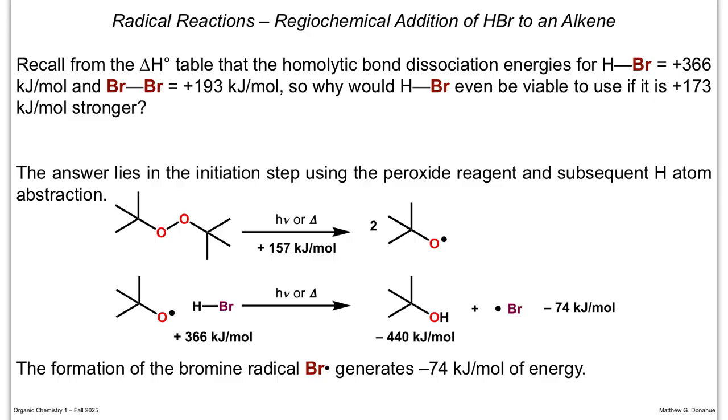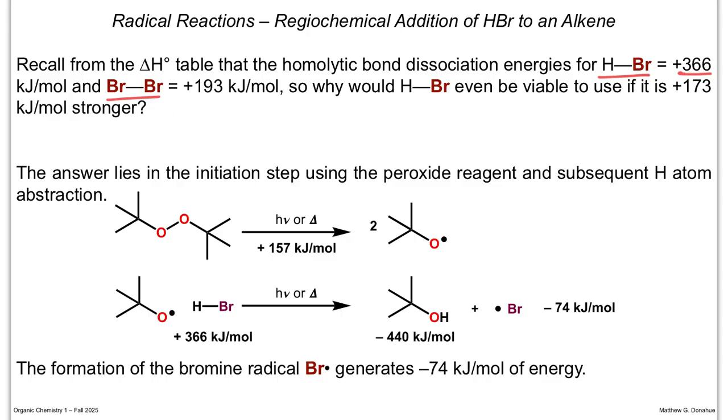So again, if we refer back to the bond dissociation energy table, we can look up the values of HBr and Br2. So the question is, since HBr has a larger bond dissociation energy, it's plus 366 versus bromine, which is plus 193, why would we even use that as a reagent if it's easier to cleave this bond to begin with?